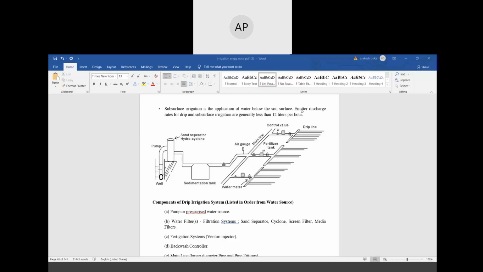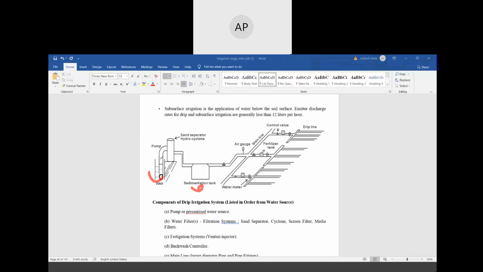Emitter discharge rate for drip and subsurface irrigation is generally less than 12 liters per hour. So in this figure, you can see there is a sedimentation tank and a well.